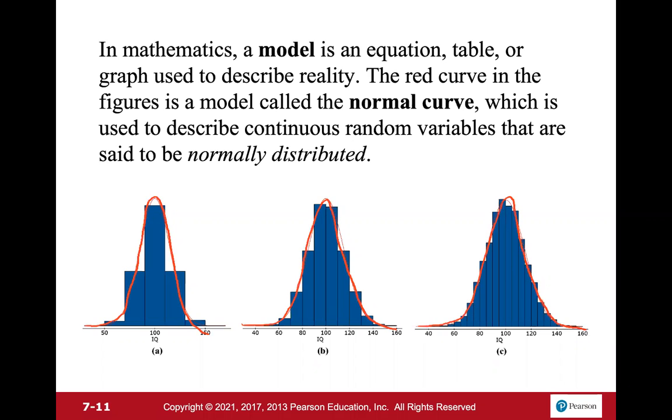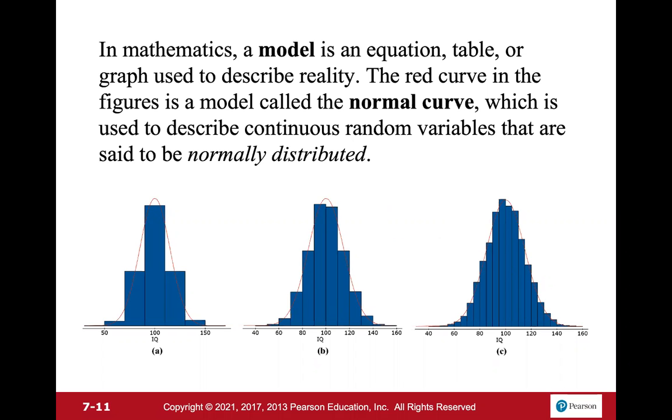So the red curve in the figures is a model called the normal curve, which is used to describe continuous random variables that are said to be normally distributed. So these are examples of normally distributed data. Some of them are going to be roughly distributed, so values aren't going to fall exactly within these curves. So we just call them roughly normal.